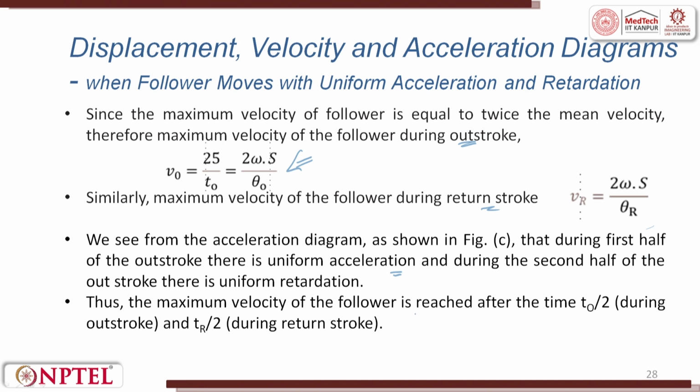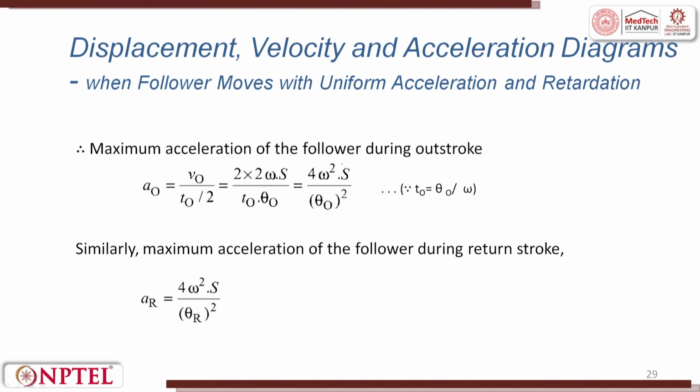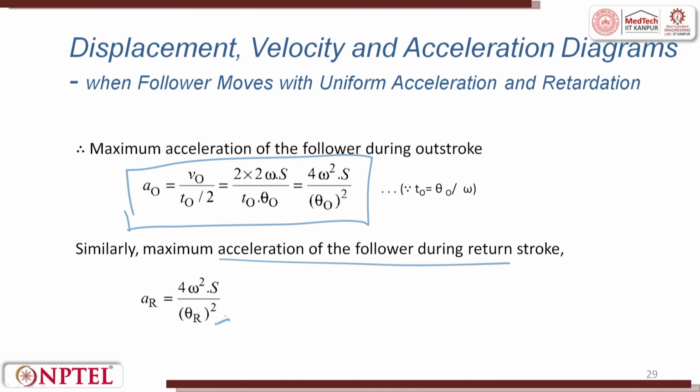Thus, the maximum velocity of the follower is reached after time T naught by 2. The maximum acceleration of the follower during the outward stroke, A naught, is 4 omega square S divided by theta naught square. The maximum acceleration on the return stroke is AR.